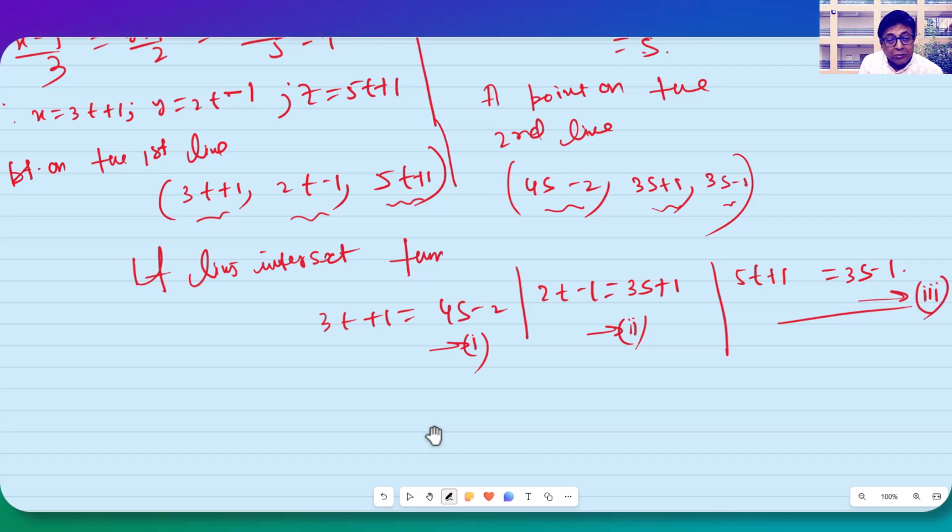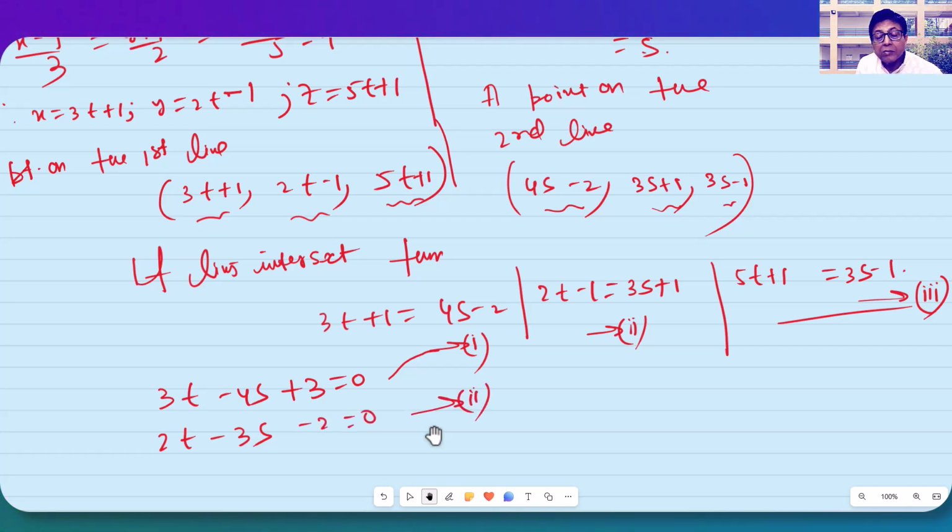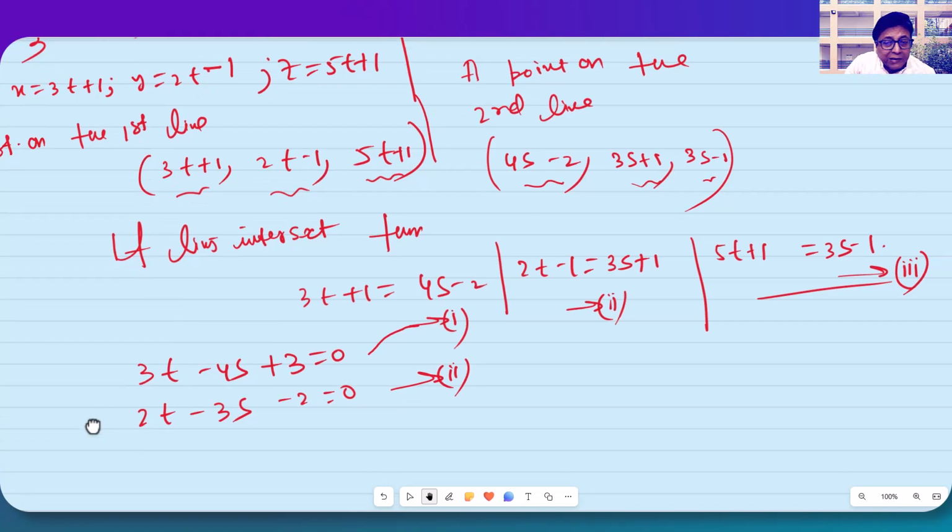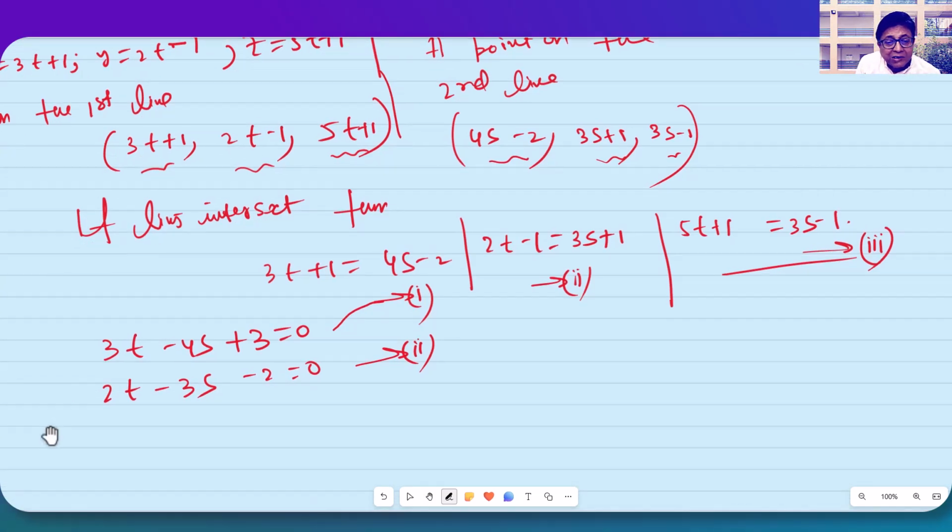Solve these two. So this is 3t minus 4s, number 1, and this is 2t minus 3s minus 2 equal to 0. Now to get the values of t and s, we just multiply the first one by 2 and the second one by 3 and then subtract.